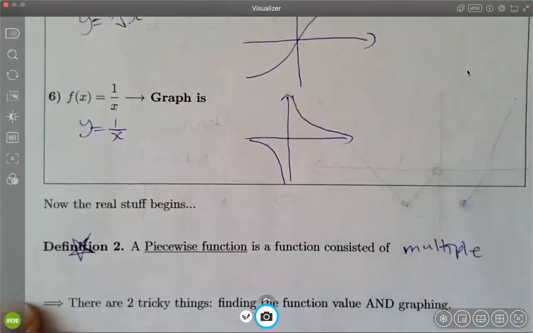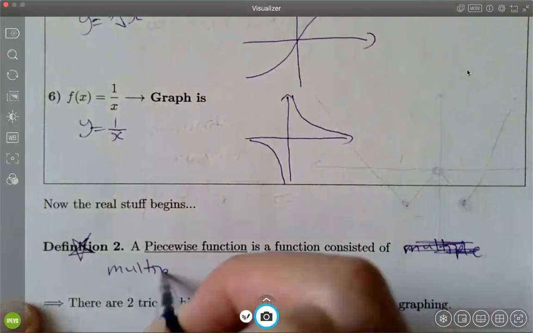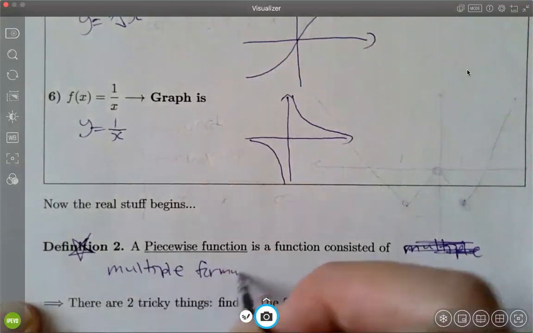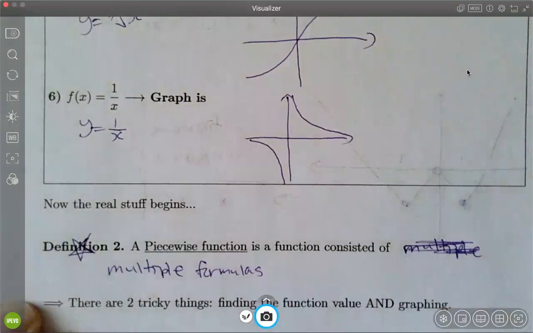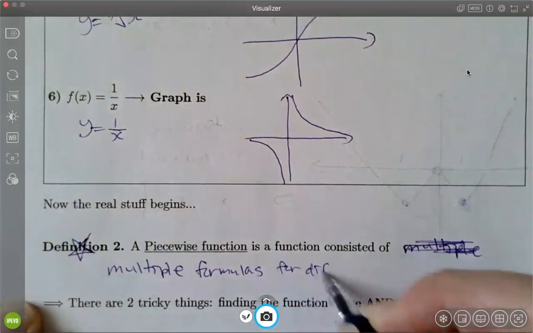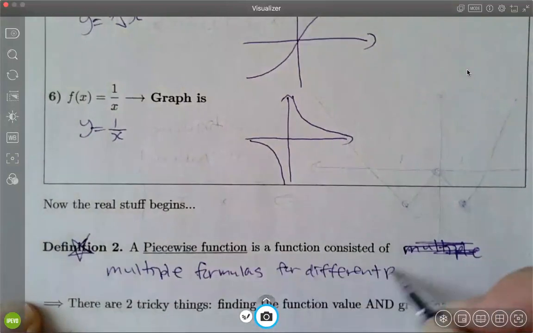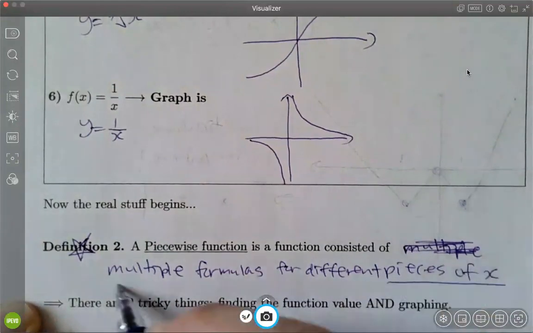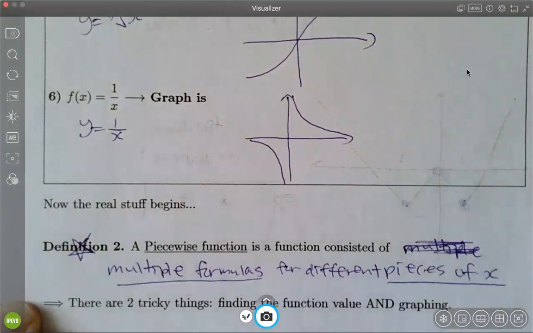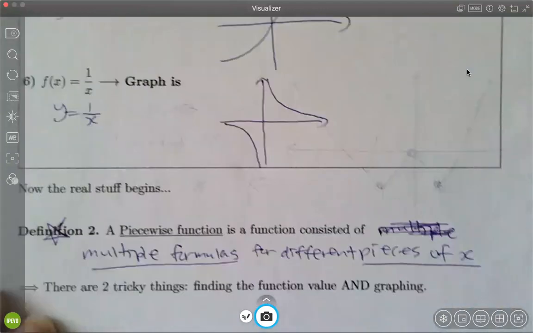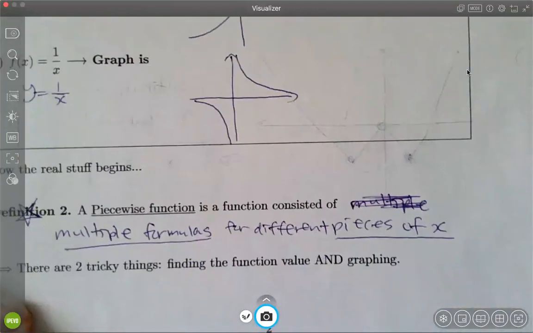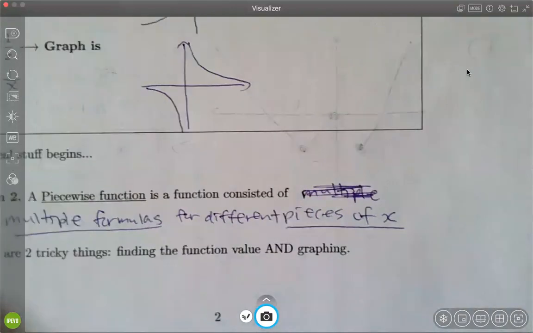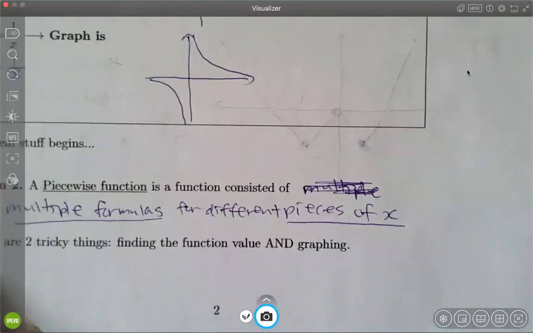Well, actually, you cannot see it, so let me just write on the next line. Multiple formulas for different pieces of x. Here comes the name piecewise function. For different pieces of x, there will be multiple formulas.